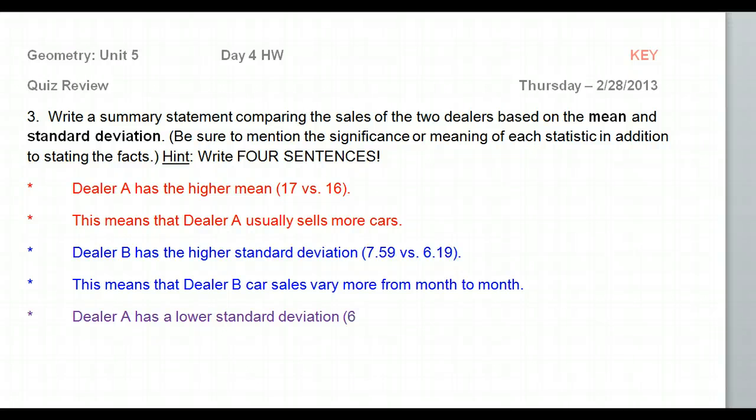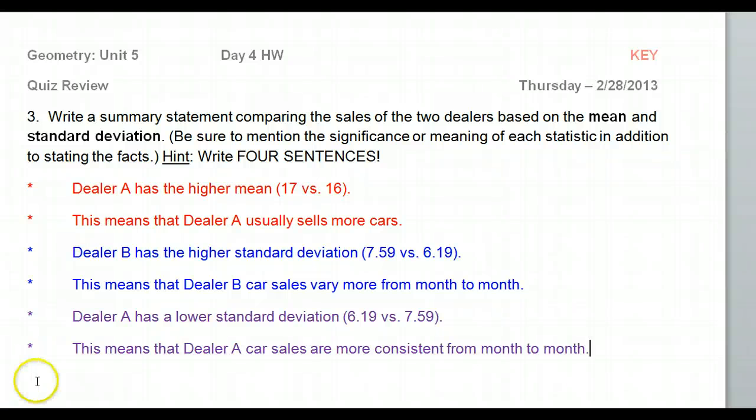All right, 6.19 versus 7.59. This means that dealer A car sales are more consistent from month to month.